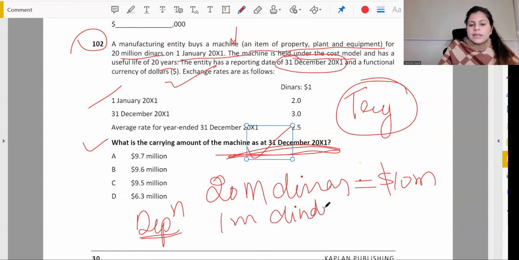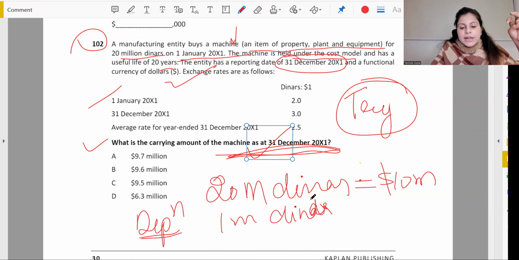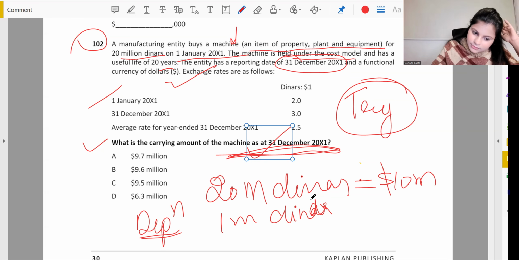I need to convert this in dollars. So in dollars, depreciation is converted at which rate? What would you do for depreciation? Do you convert depreciation?